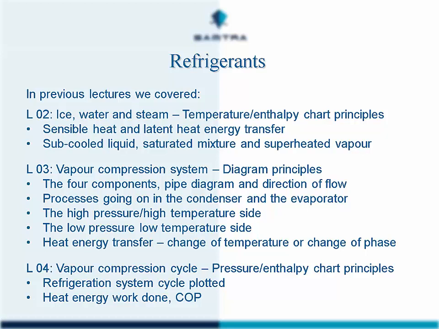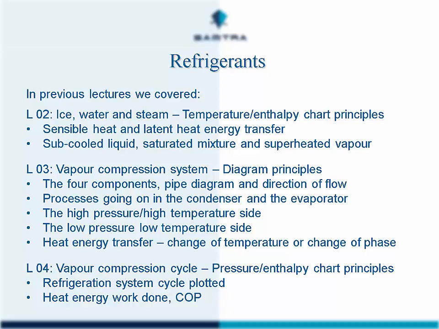From lecture 3, where we looked at the vapor compression system of a refrigeration system, of importance was the diagram with the 4 main components, the pipe diagram showing the direction of flow. Also on that diagram were presented the processes going on in the condenser and the evaporator.